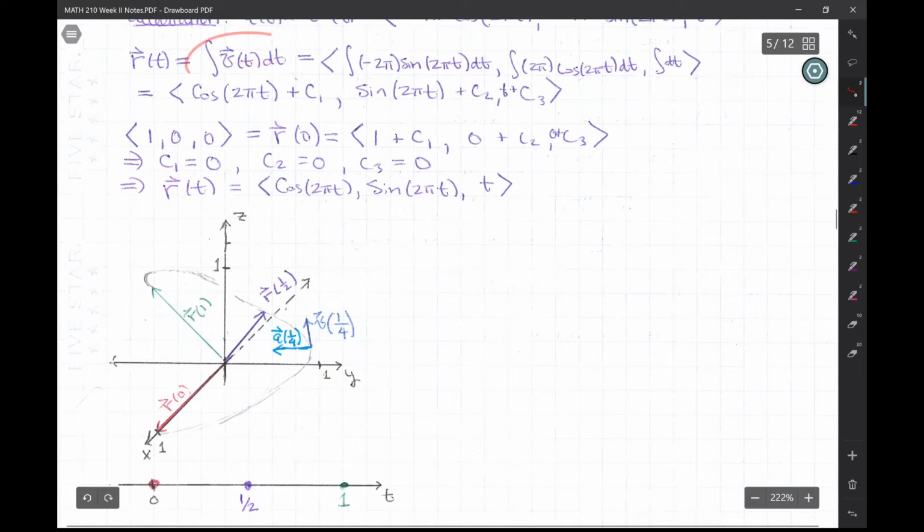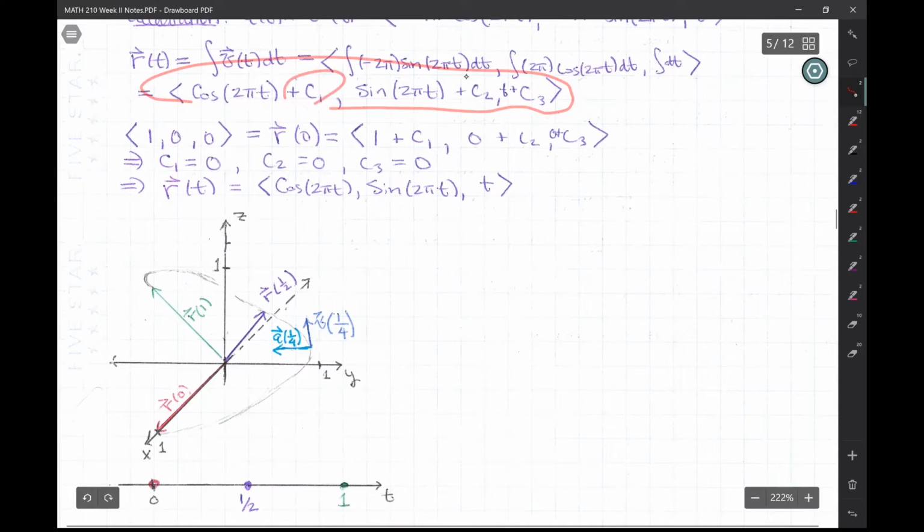So we take an integral of the velocity to get position. And how do we integrate in an indefinite way? Well, we just integrate each of the components. This here is the x component of the velocity, the y component of the velocity, and the z component is just 1. Integrating in an indefinite way, we get this.